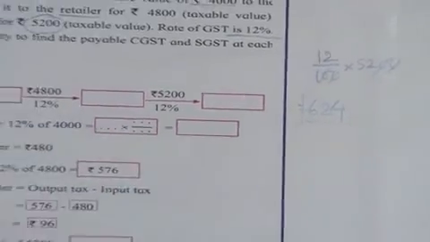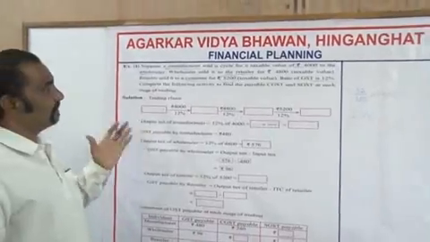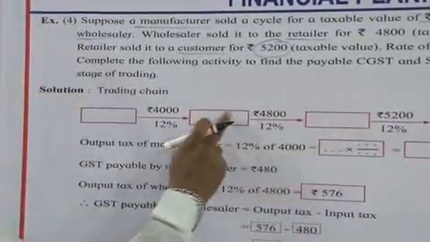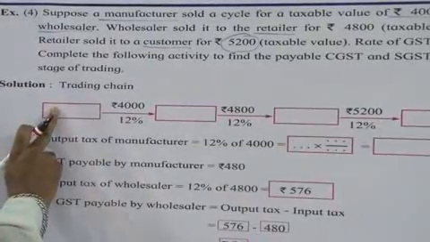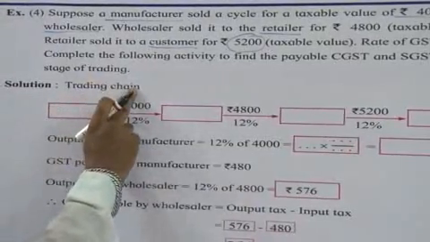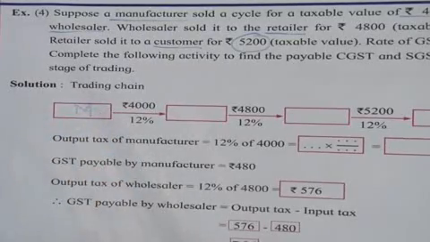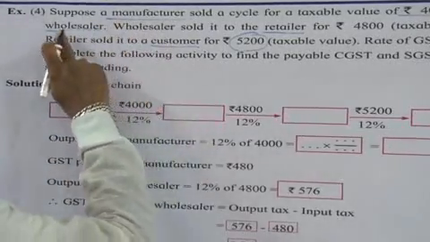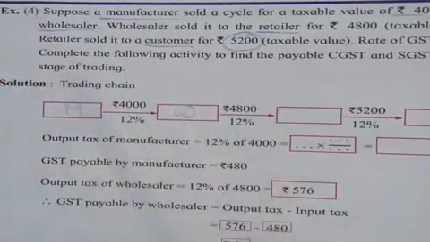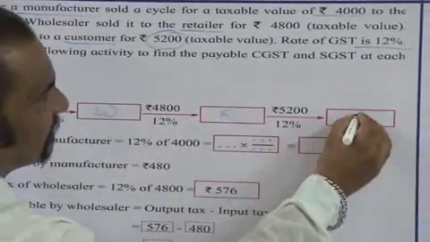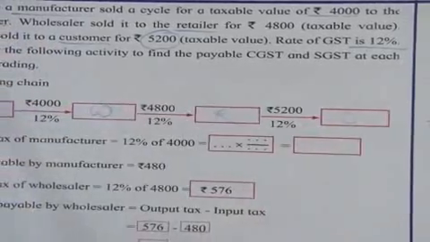Now what is the first transaction that is taking place? Here we have to write down all these, fill in the blanks. Trading chain: first is manufacturer, second is wholesaler, third is retailer and the final is customer.